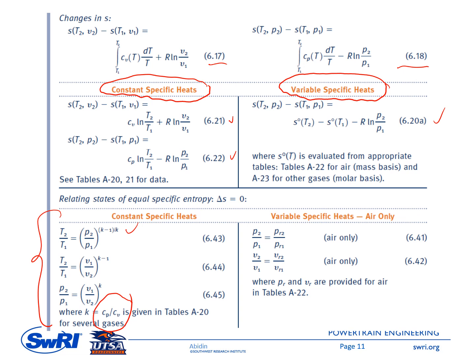And if the case has variable specific heat and is for air only, you can use equation 6.41 or 6.42 to get the correlation between the pressure ratio and PR, or the specific volume ratio and VR. PR and VR are available in table A22. Okay, you can check it.